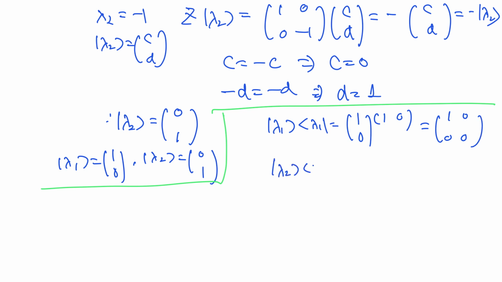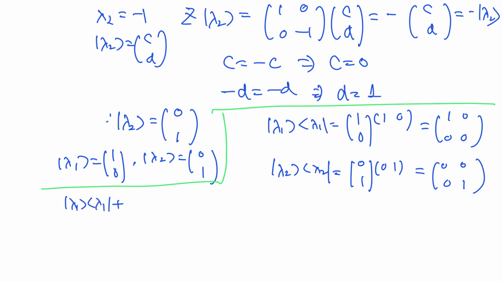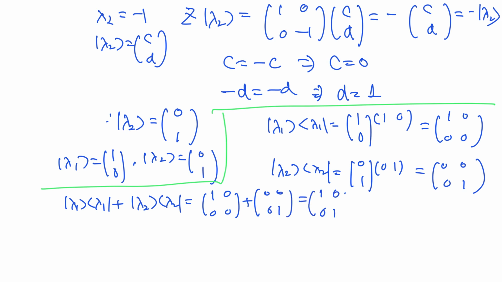Lambda 2, lambda 2: (0, 1) times (0, 1) is equal to (0, 0; 0, 1). So lambda 1 plus lambda 2 is equal to (1, 0; 0, 0) plus (0, 0; 0, 1) is equal to (1, 0; 0, 1), the identity, right? So this is the completeness relationship.